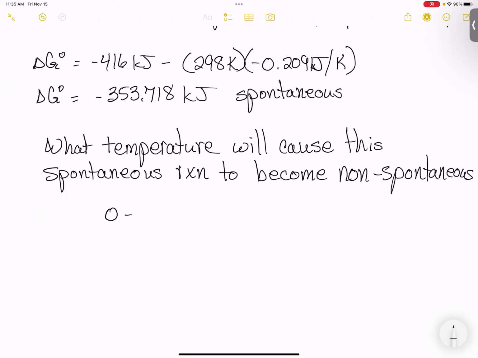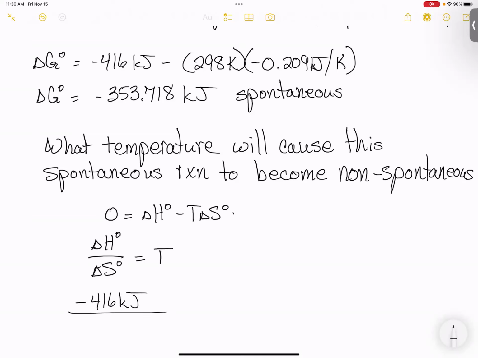So at equilibrium, delta H naught minus T delta S naught is equal to 0. If we rearrange this equation, we can find out the temperature at which things will undergo a change by taking the delta H and dividing it by the delta S. So we had a negative 416 kilojoules.